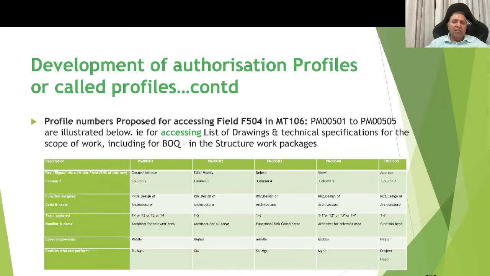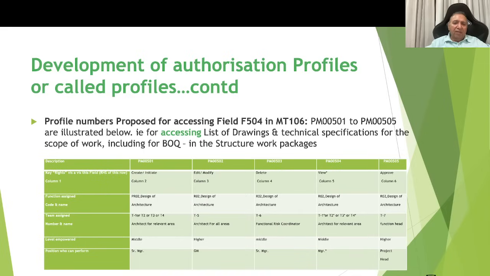Five profiles are illustrated here in columns 2, 3, 4, 5, 6 as PM00501, PM00502, 503, 504, 505, etc. And in the left-hand column, I have indicated the functions to be assigned, the team to be assigned, the level to be assigned, and the position to be assigned based on the SOD concept.